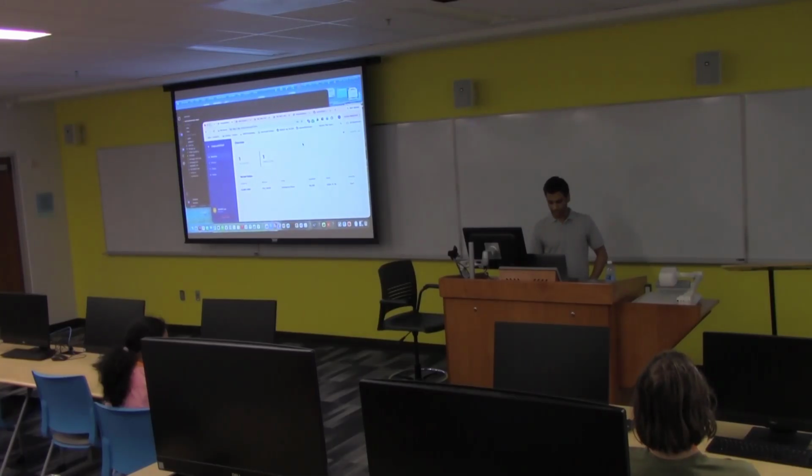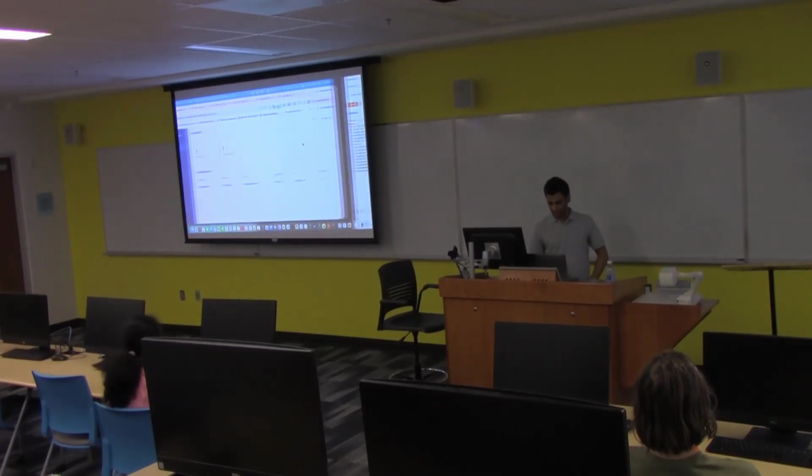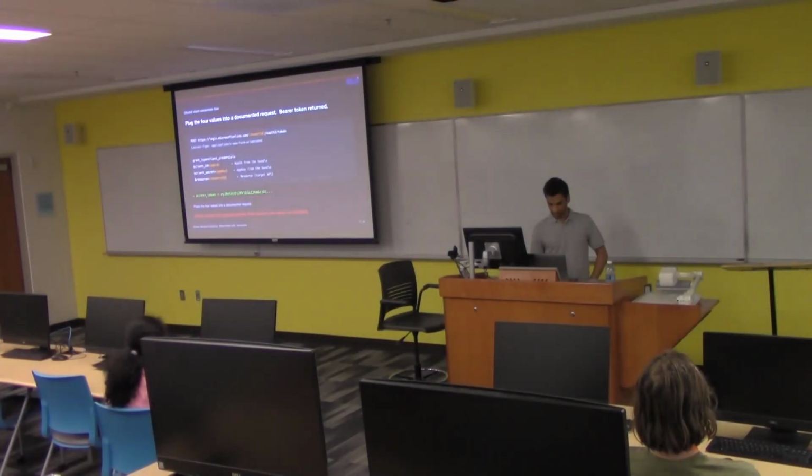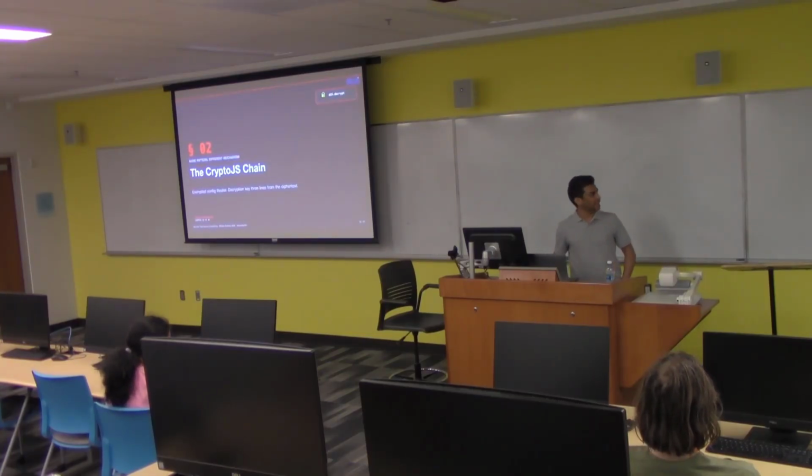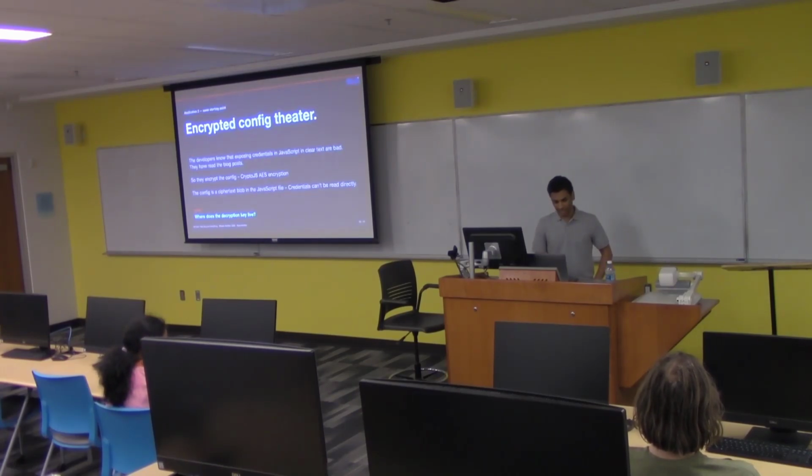And the next exploitation chain is the CryptoJS chain. This actually creates a false sense of security, because some developers thought that documenting the secrets inside the JavaScript bundle itself is a problem.